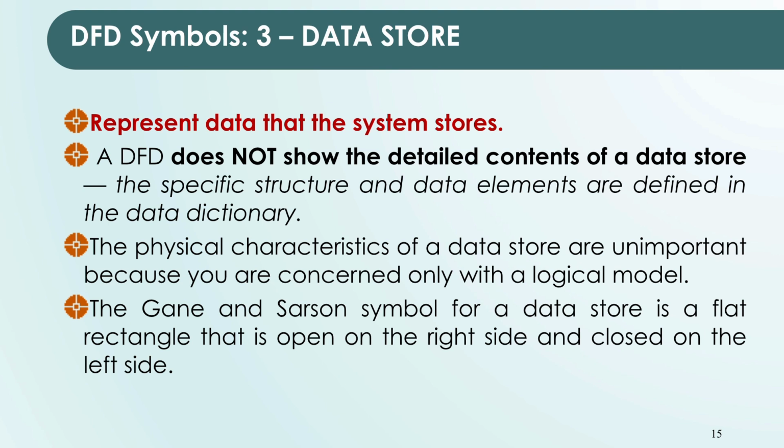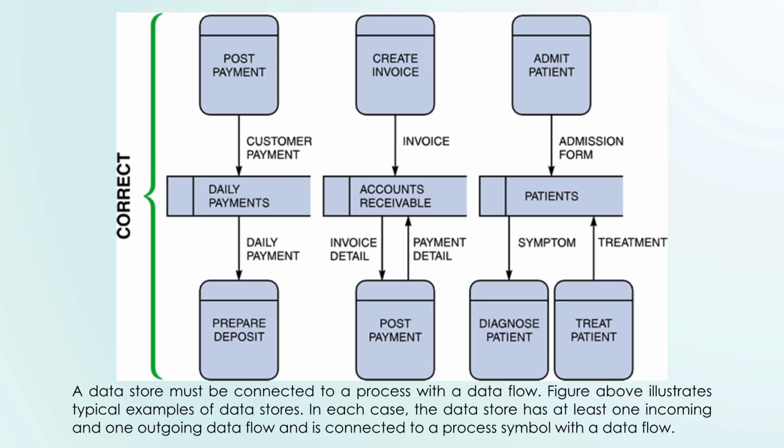The look of a data store in Gane and Sarson is a flat rectangle that is open on the right side and closed on the left side. These are several examples for the usage of data store, the correct usage of data store. In general, a data store must be connected to a process with a data flow.